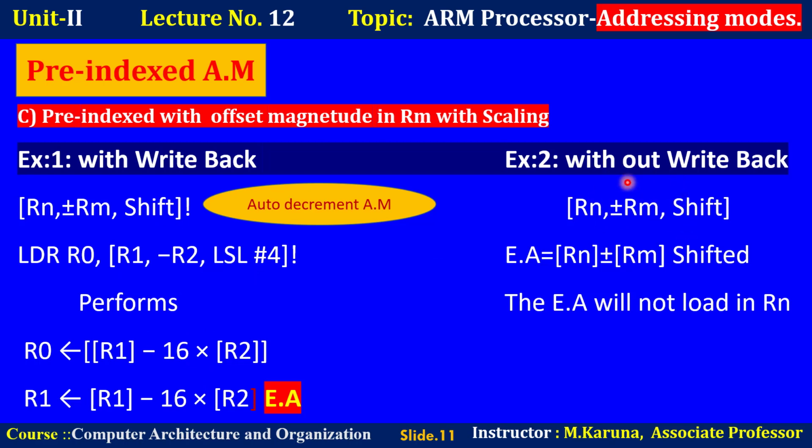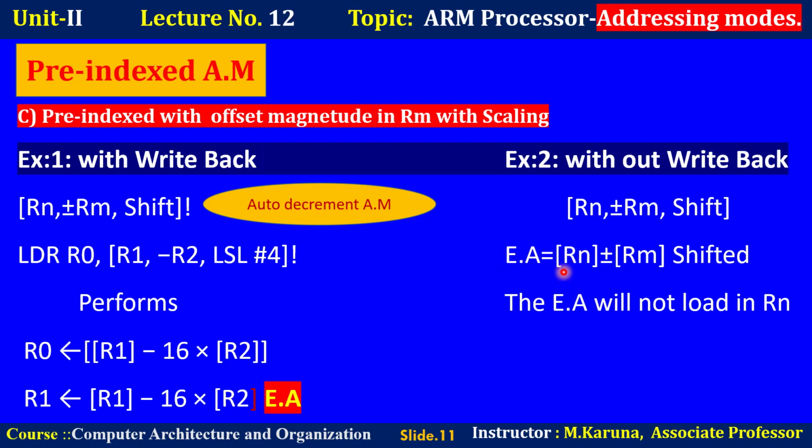Coming to the address without write back, the effective address that is generated will not be stored in R1. The syntax is Rn, plus or minus Rm, shift. Here there is no exclamation mark. The shift operation is performed on the content of Rm, then that may be subtracted from or added to the Rn content, which generates the effective address.